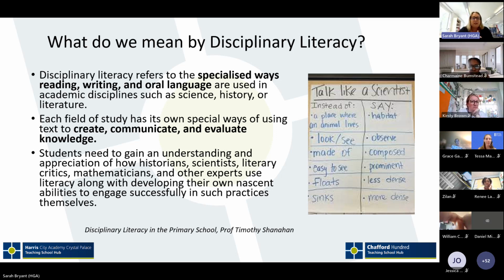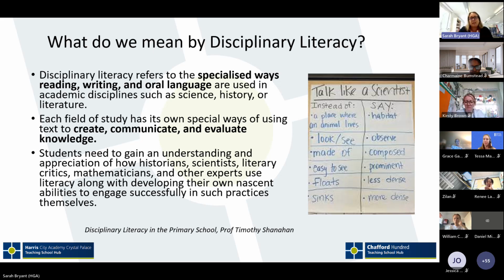Now, that's really important, because as we know as teachers, if you are writing in science, you're writing non-fiction. It's professional voice. You are not going to write a story.